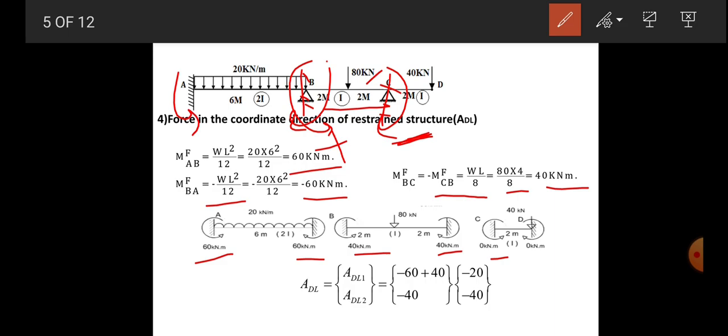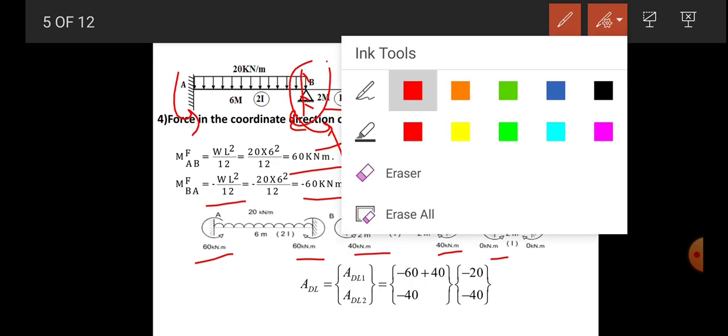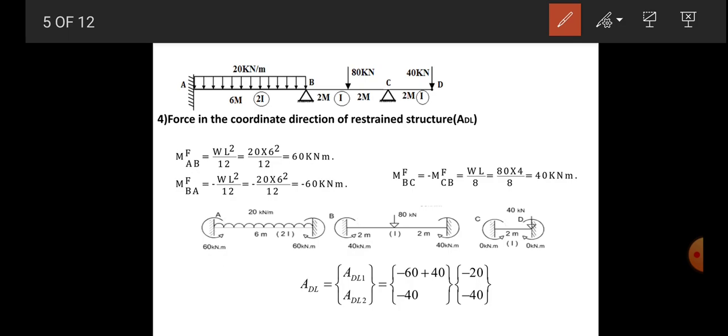Now our position coordinates are 1 here and 2 here. So whatever moment is acting there, we have to club. So ADL1 at coordinate 1, or theta B, is minus 60 clockwise and plus 40 anticlockwise, so it becomes minus 20.